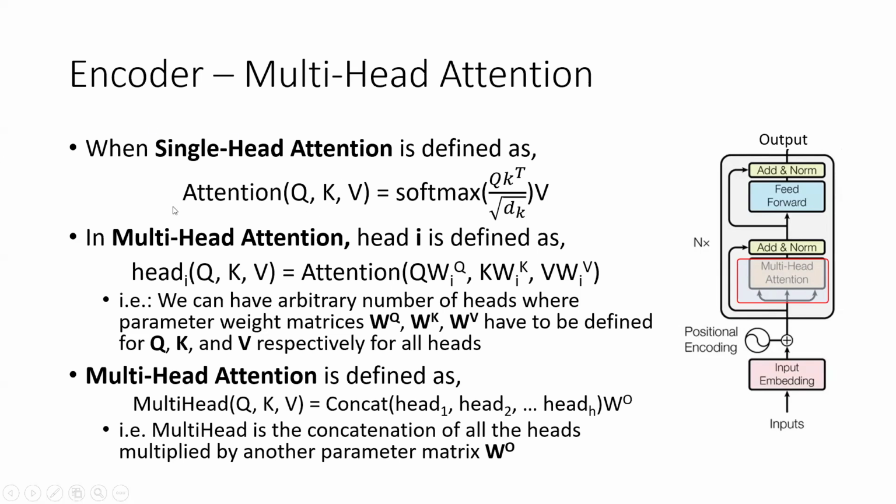Similarly, instead of using a single attention, you can have multiple attentions, or you can learn many things in the data set, right? So when you are taking attention, that means you are taking attention on a certain factor.